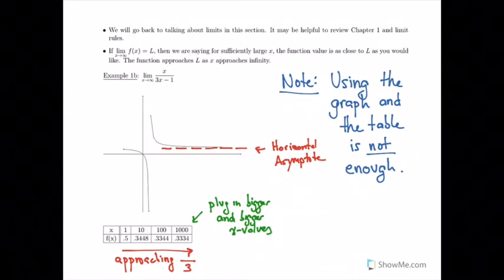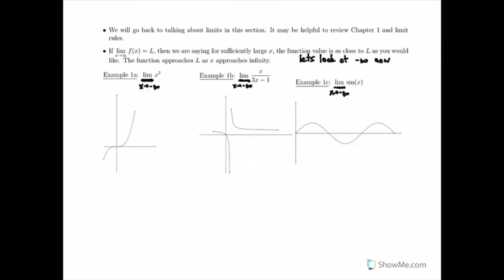All right, we can also look at limits as x approaches negative infinity, which we're going to do on the next page. So instead of looking at infinity, now we're going to approach the other direction, looking at negative infinity. So we can say, as x approaches negative infinity, what happens to the corresponding y values? In that first example, x cubed, we can see that the y values approach negative infinity.